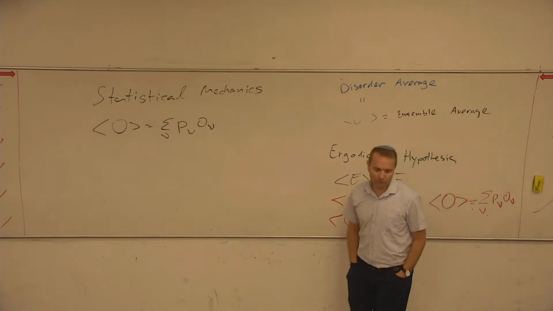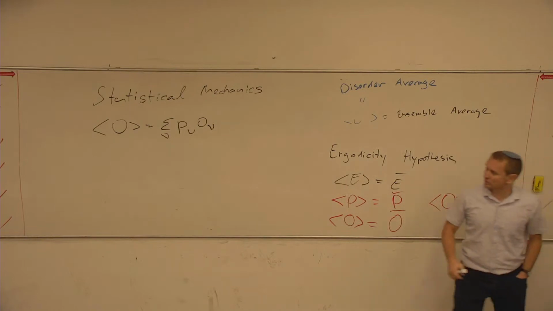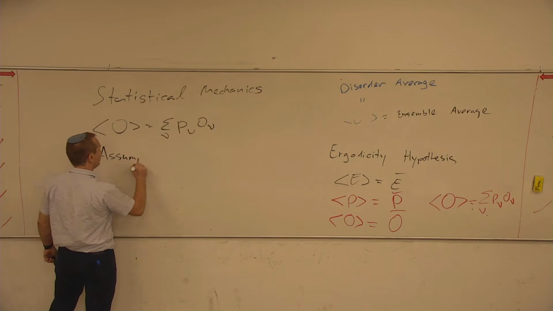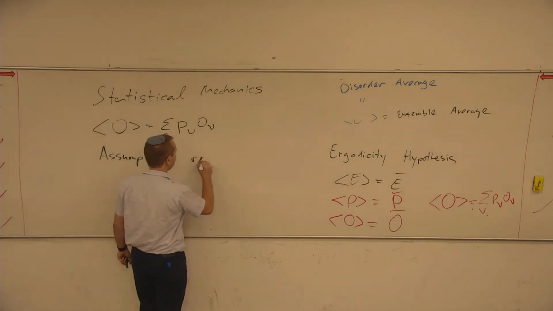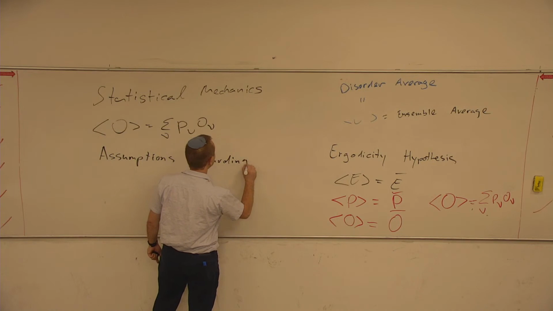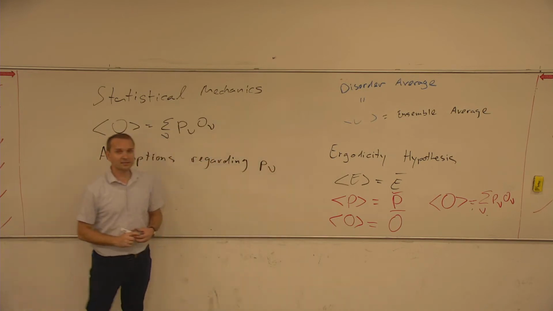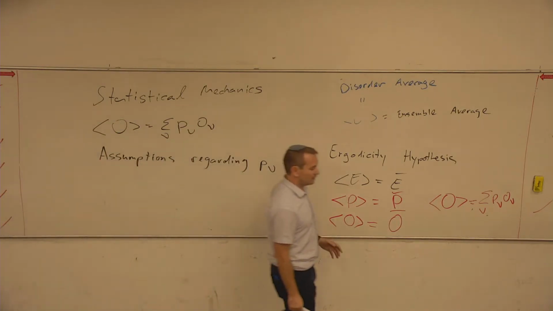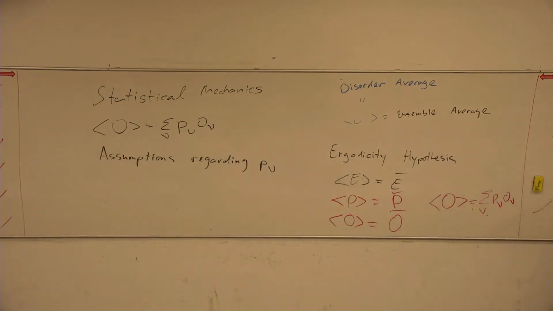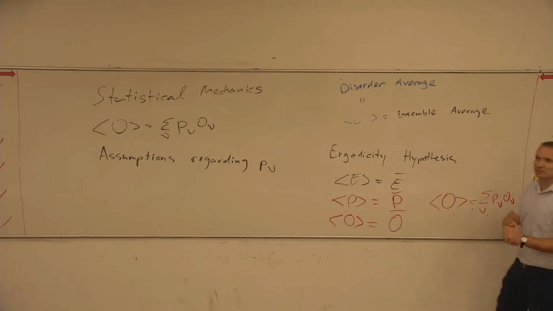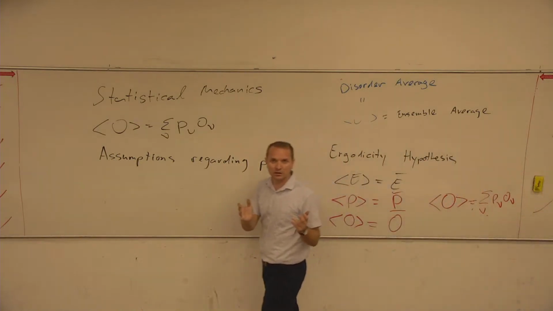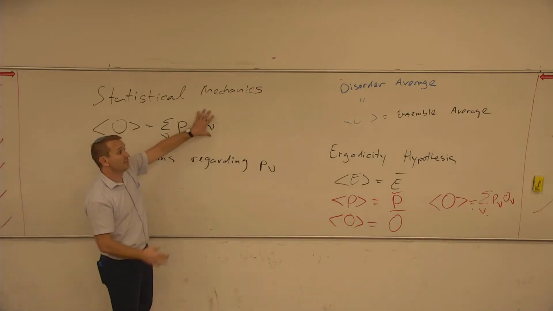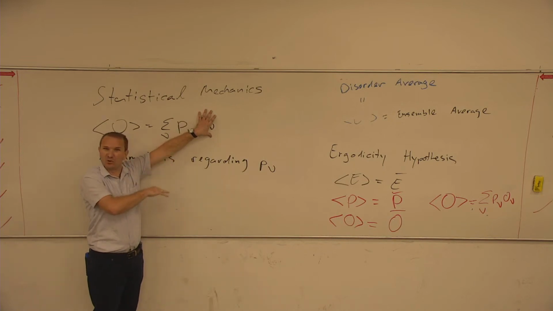So what do we do? All of statistical mechanics is based on assumptions regarding P of mu. I assume what my different probabilities are. It's like guessing. So this whole field of statistical mechanics is based on general assumptions: what my phase space is, what the different probabilities are. The observables I can usually work around.